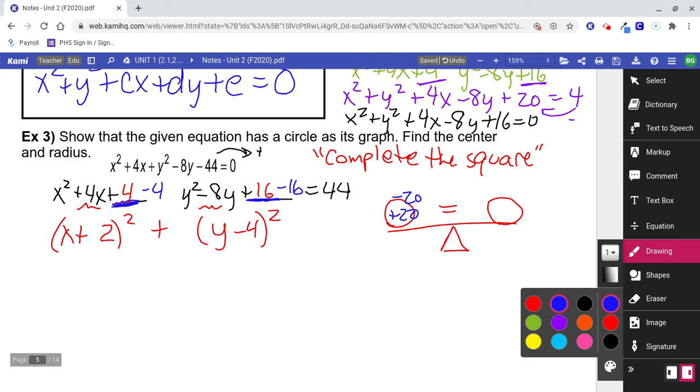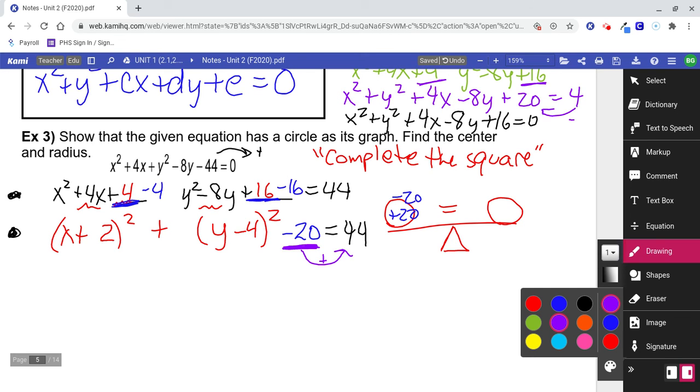So if you look at my equation now, I haven't accounted for this minus 20 in blue, and I also haven't written down the equals 44. This top line right here is now exactly the same thing as this second line right there. But in order to make it look like center radius form, I need to get rid of this number right here, so I'm just going to add it over.